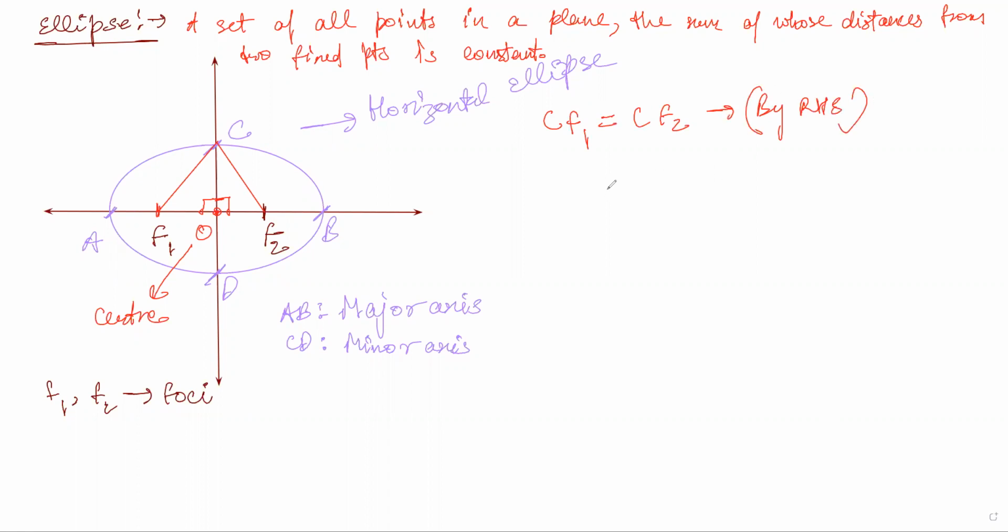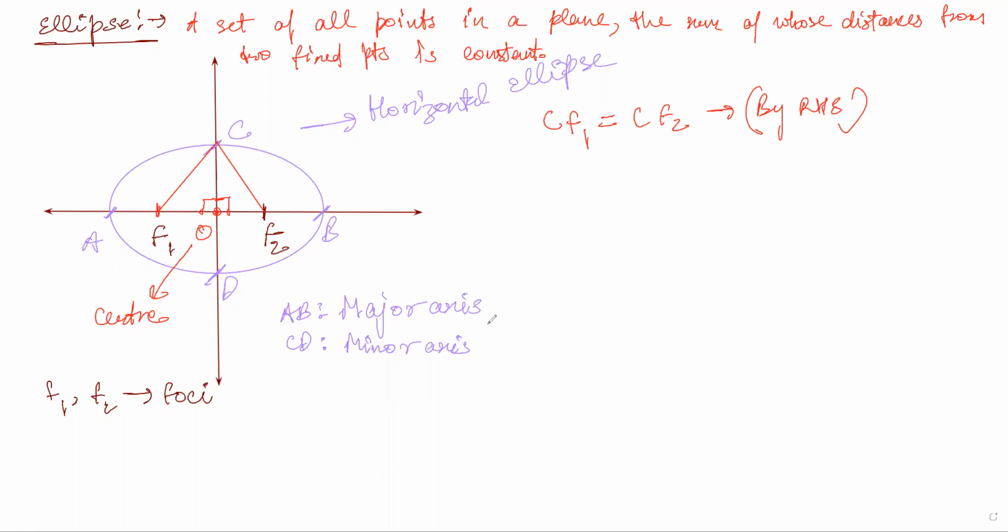And we can also find out the relation between CF2, CO and OF2 using Pythagoras, first of all. Now I'm also defining it. How am I defining it?